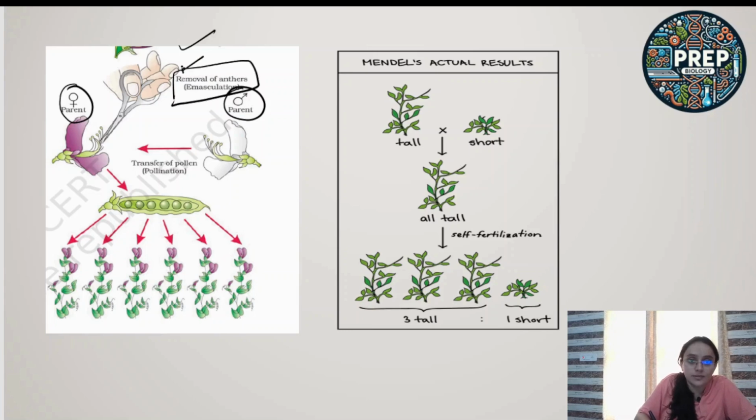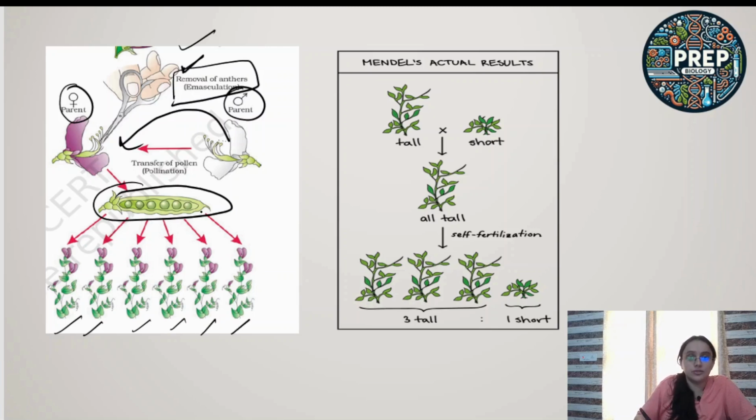That process is called emasculation. Remove the anthers, transfer the anthers from the male plant, and cross-pollinate. It produces a number of seeds, and these seeds are grown into multiple plants, the result of cross-pollination. So this is how cross-pollination occurs.